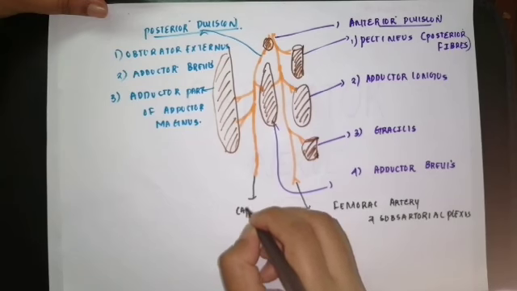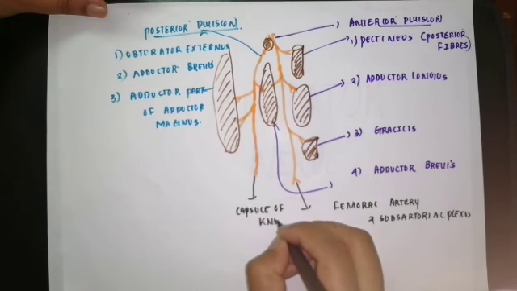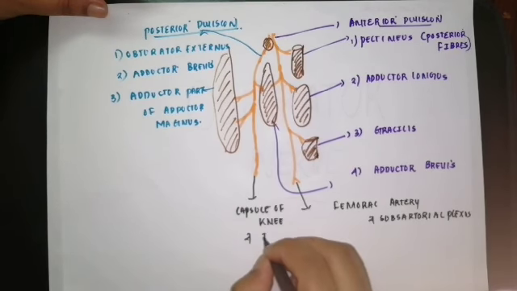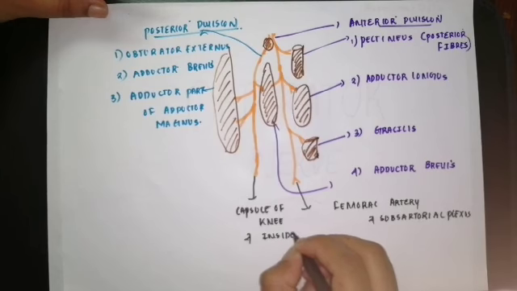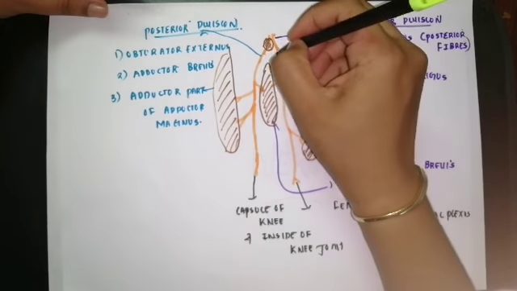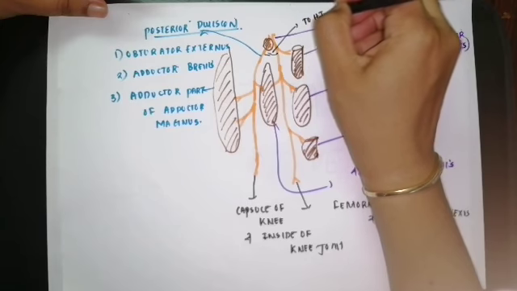It supplies the capsule of knee joint and it penetrates oblique popliteal ligament and it supplies the inside part of knee joint. Now the anterior division gives an articular branch to hip joint also.